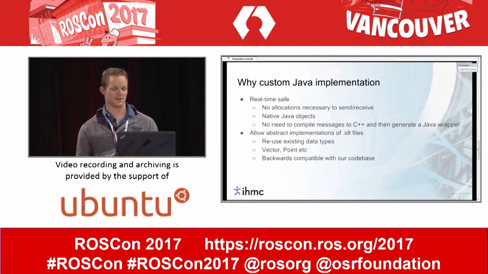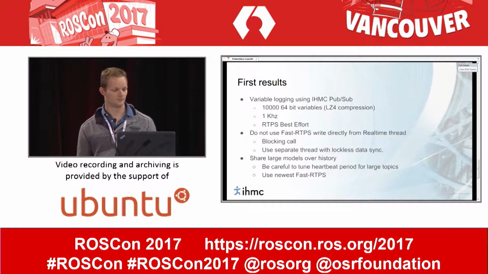We also didn't want to make a C++ wrapper of every IDL message we write and then go to Java. We also have abstract implementations, so you can compile an IDL to an abstract version, so you can reuse existing data types like a vector or a point or whatever you made, and then have it backed by the IDL without having to copy the data.